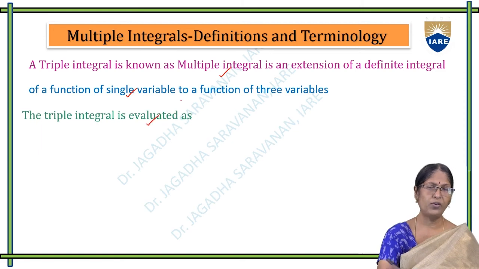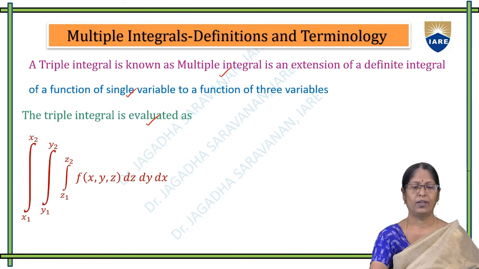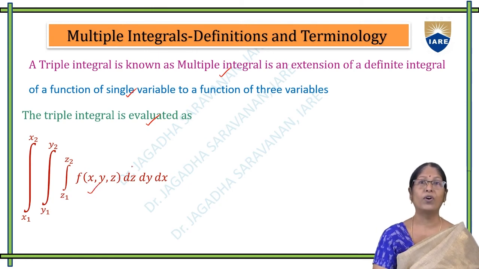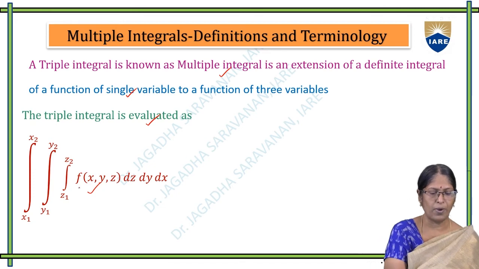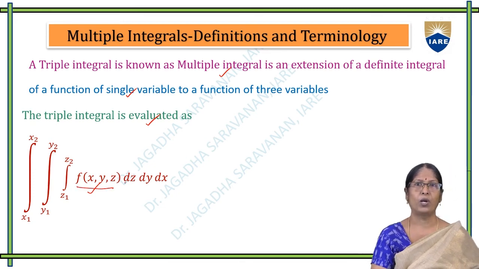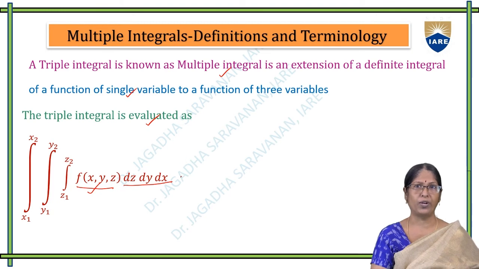Now the triple integral which is evaluated, this is the Cartesian form. So in the Cartesian form, our function f is defined as x, y, z, and here the differentials we can notice are dz, dy, dx.